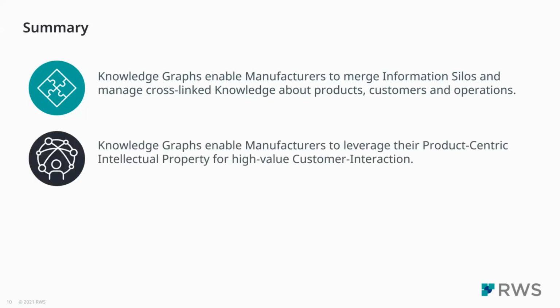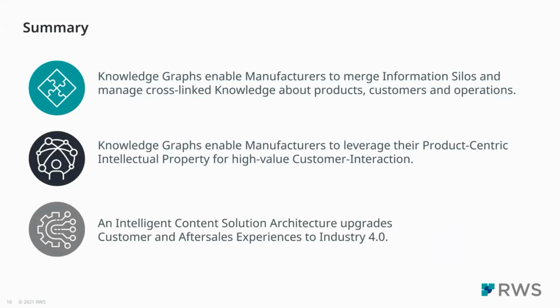They enable manufacturers to leverage the product-centric intellectual property for high-value customer interaction with this kind of targeted experiences and an intelligent content solution architecture as described here. They actually help to upgrade the customer and after-sales experience to an Industry 4.0 experience.